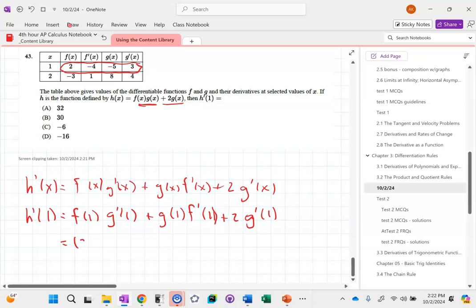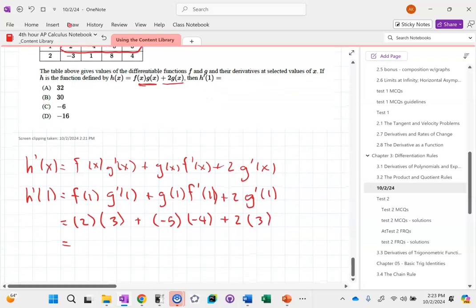So f prime of 1 is 2. g prime of 1 is 3. g of 1 is -5. f prime of 1 is -4. And then g prime of 1 is 3. So I have 6 plus 20 plus 6. That's 32.